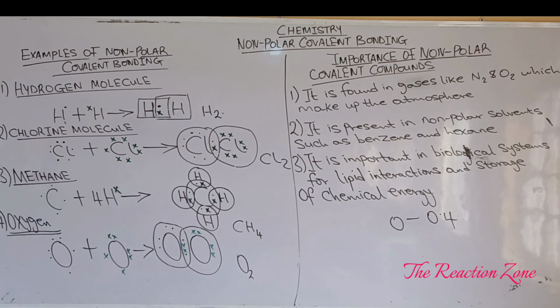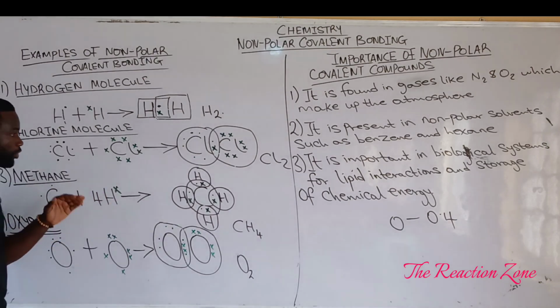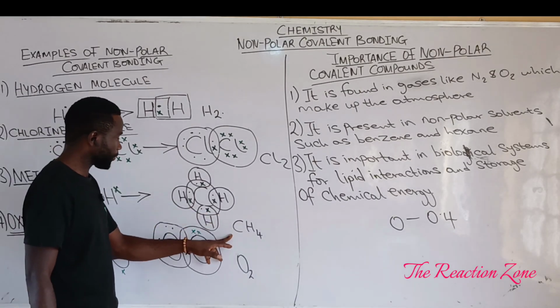In methane, what happens is that one carbon atom chemically combines with 4 hydrogen atoms. The carbon atom here has a covalency of 4, meaning that it has 4 unpaired electrons in its valence electron shell. Each of the 4 hydrogen atoms here has a covalency of 1. So when this carbon atom combines with these 4 hydrogen atoms, you have this structure here.